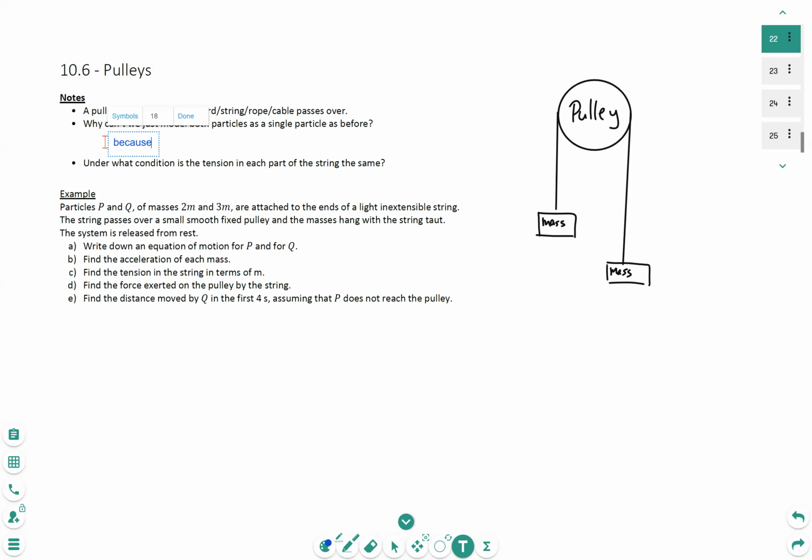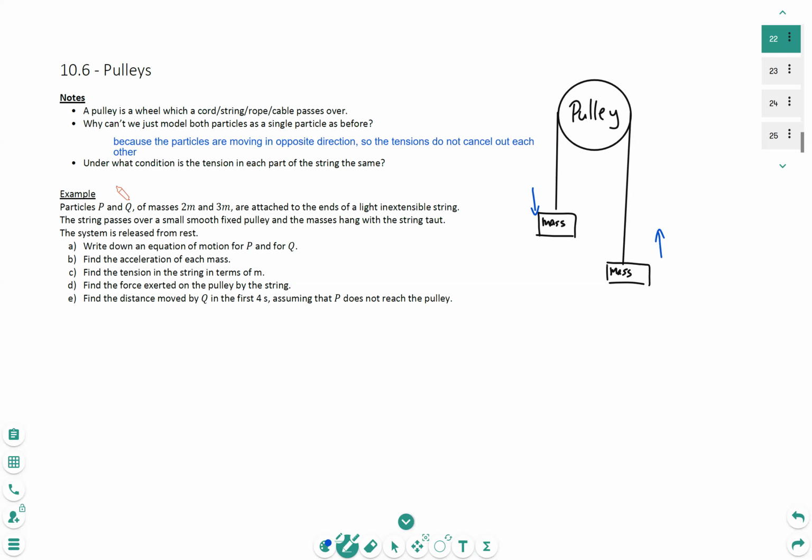The reason is quite simple, because the particles, as I said, are moving in opposite directions. So the tensions do not cancel out each other. If you think about it, one is moving down and the other is going up, so you can see they're moving in opposite directions.